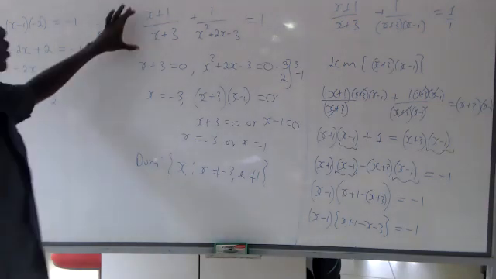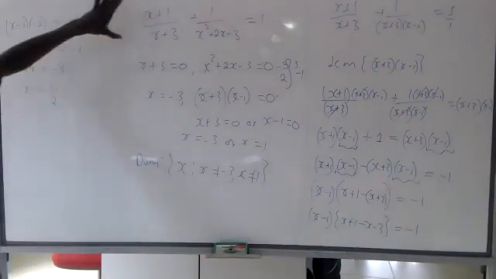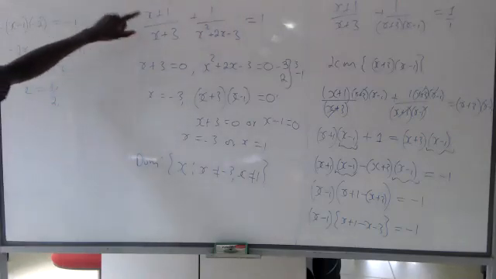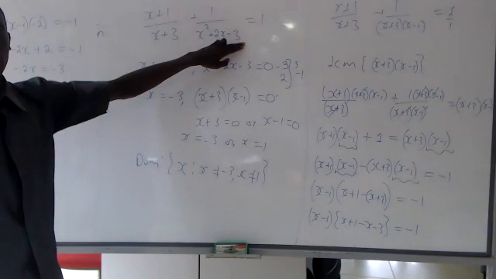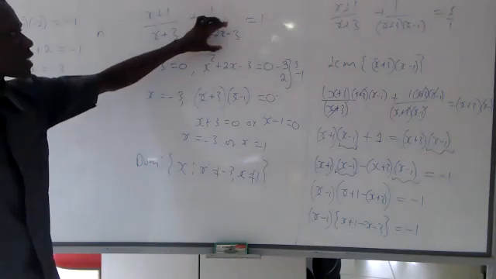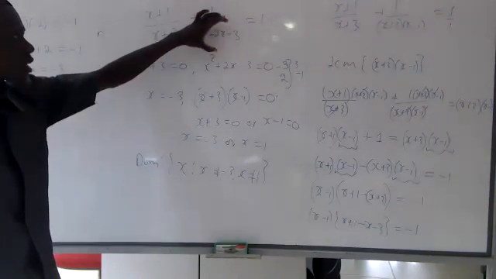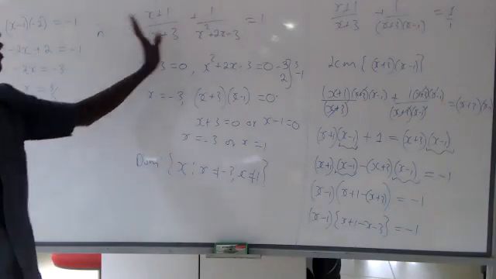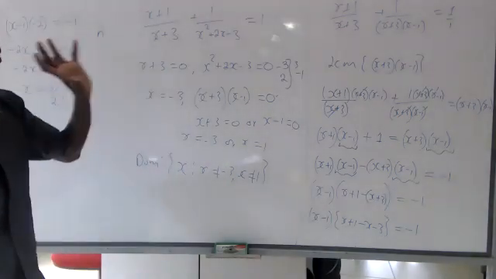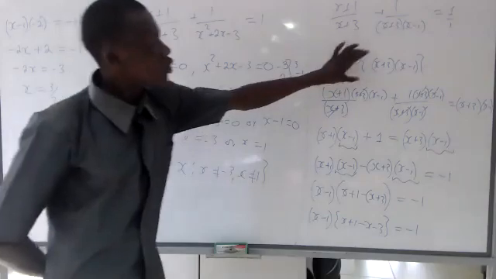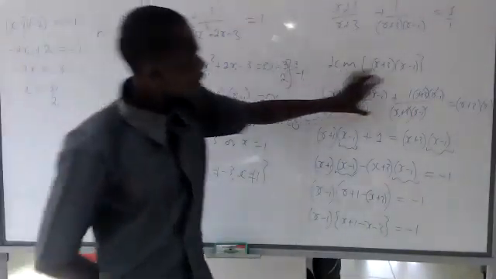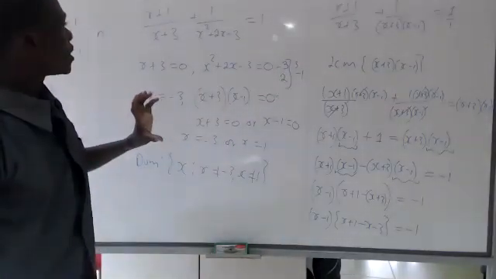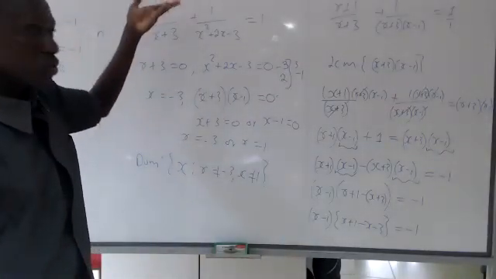So in general, when you find rational equations like this, if one of the denominators is not linear, factor it. Factor that denominator and then find the LCM. Then after finding the LCM, use the LCM to multiply each of the terms, like we have done here, to do away with the fractions.